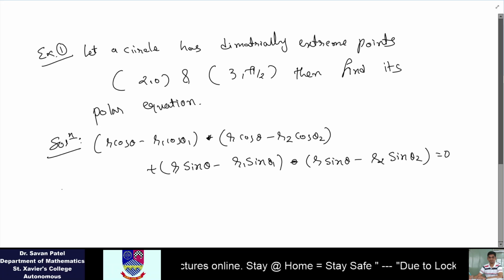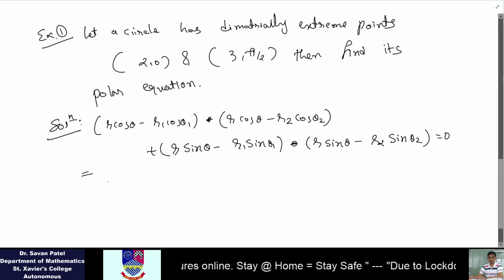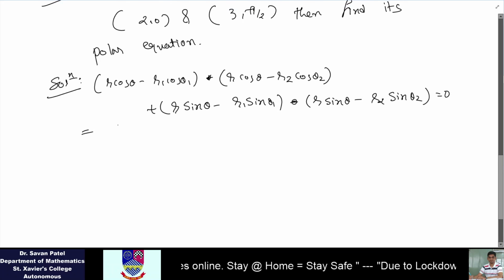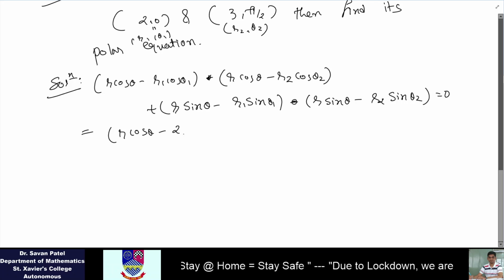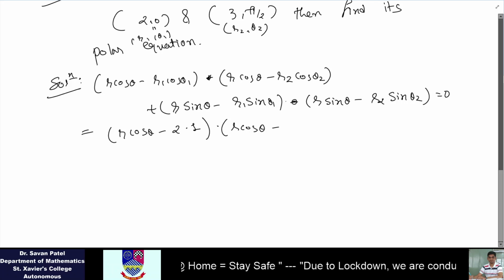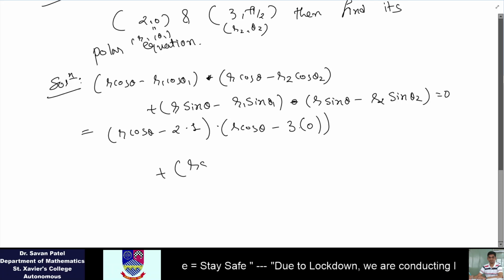Insert values. So here we have this is your r1 theta 1 and this is your r2 theta 2. So your r1 is 2, so that is r cos theta minus r1, that is 2, cos theta 1, cos 0 is 1, into r cos theta minus r2, that is 3, cos theta 2, cos pi by 2 is 0, plus r sine theta minus r1 sine theta 1.